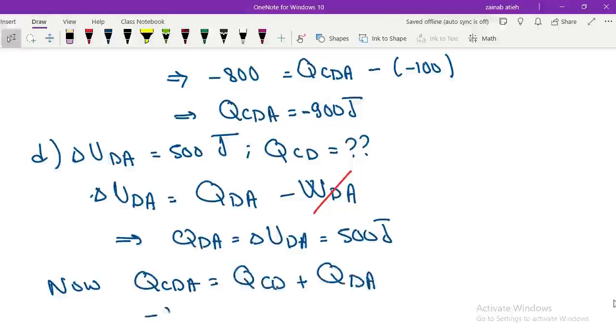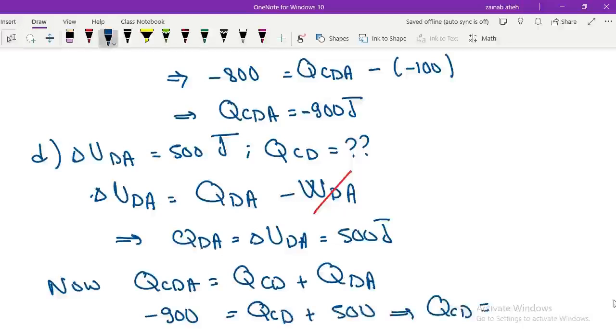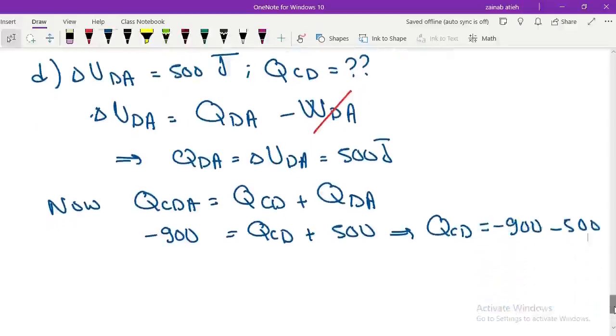Okay, I calculated this one as minus 900 equals QCD plus 500, so I will get QCD equals minus 900 minus 500, which will give me minus 1400 joule for sure. So this is QCD.